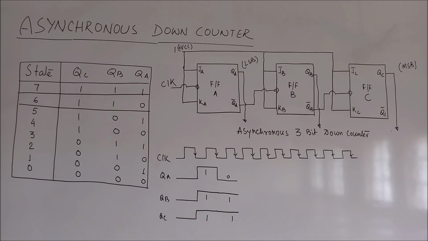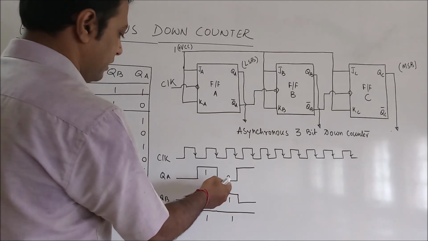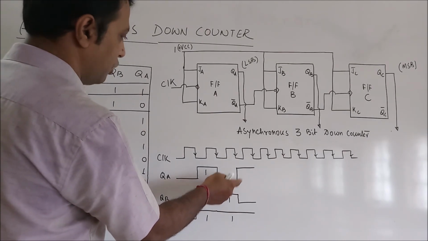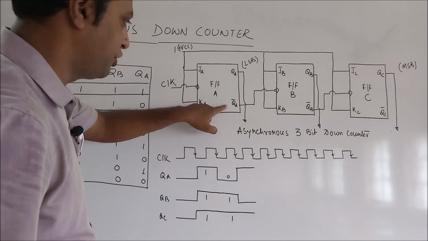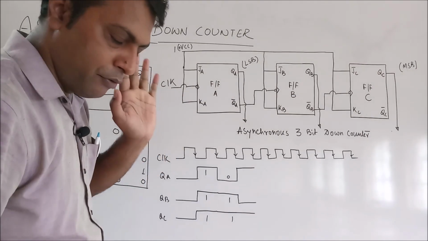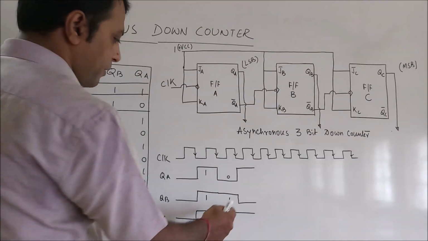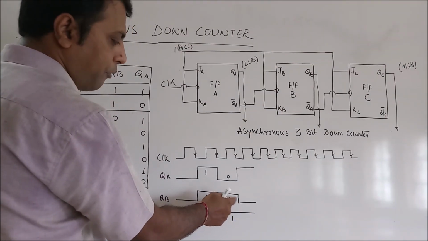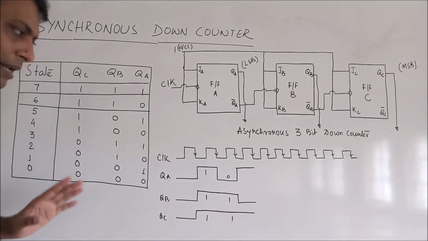Now the third clock pulse. When the third clock pulse is applied, QA toggles from 0 to 1. So QA is 1, which means QA bar is 0. Then flip-flop B is initiated by the clock pulse from QA bar, and it was 1, now it becomes 0. So QB is 0 means QB bar is 1.